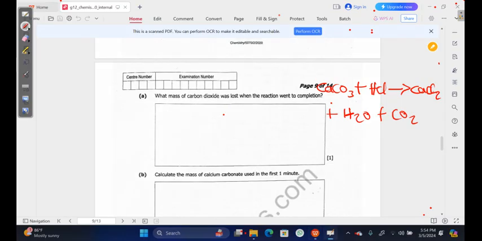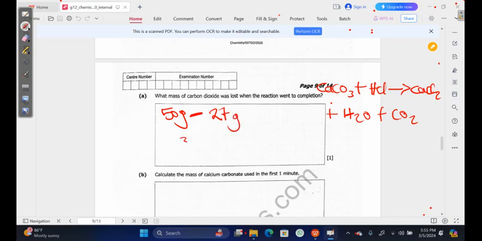So what do we do now to find the mass of the carbon dioxide which was lost or given off? Initially we started with 50 gram, minus the mass which was in our beaker at the 8th minute, which we've said is 27. So what's the difference between the two?